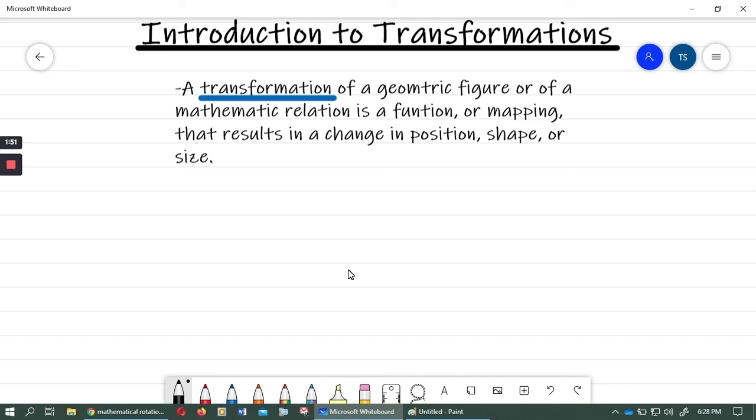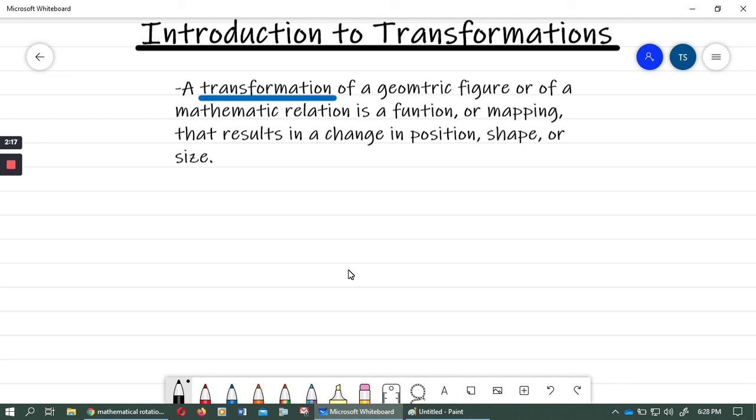So next up, guys, we want to make sure that you understand some basic things about transformations. For any type of transformation whatsoever, you are always going to have what we call a pre-image, and we're always going to have what we call an image.